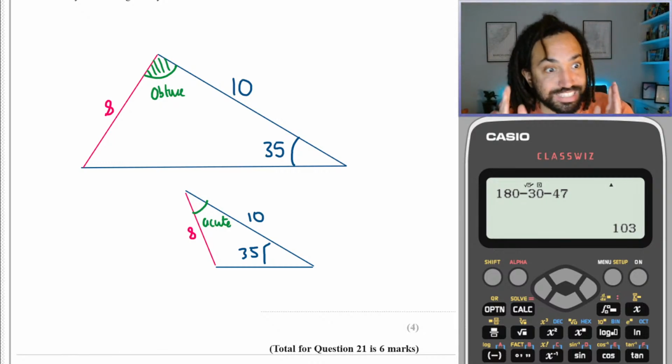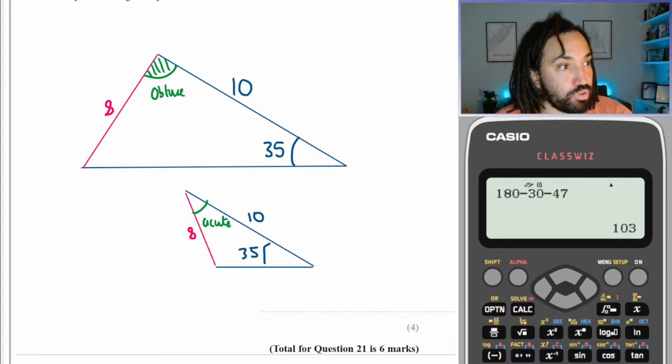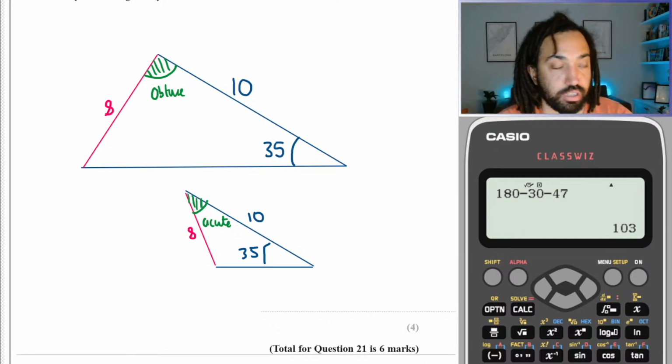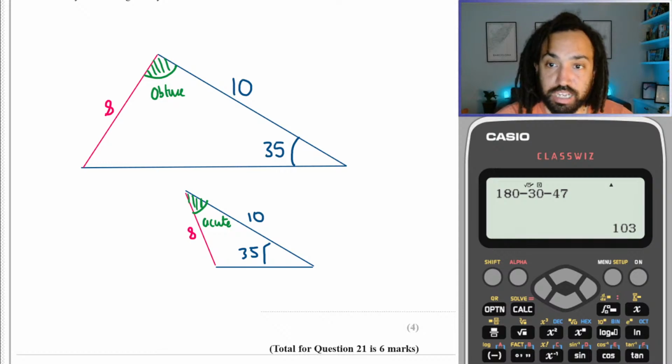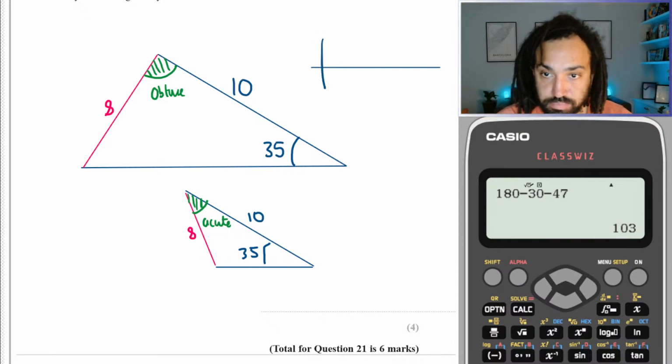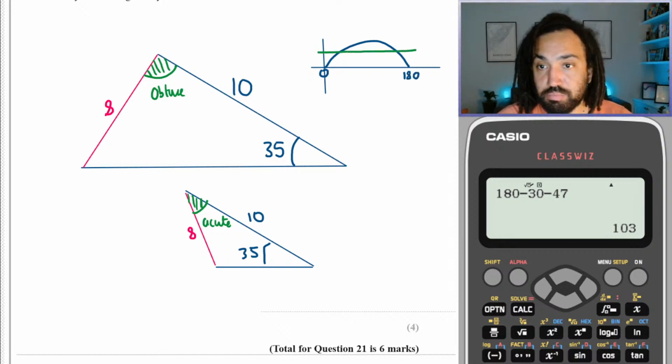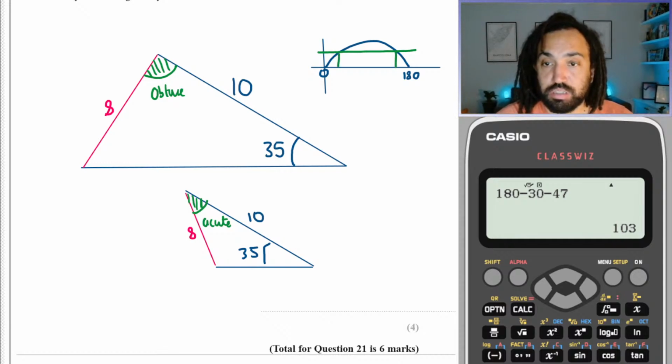So you've got exactly the same information, but you get two different answers. That's very un-maths-like, I know, but the reason is because the sine graph has two angles between 0 and 180 that have the same value. So this one is the acute one, this one is the obtuse one, and the obtuse one is 180 minus the acute one.